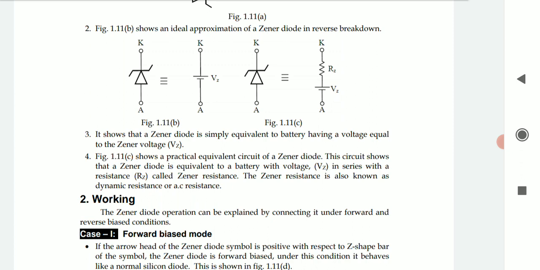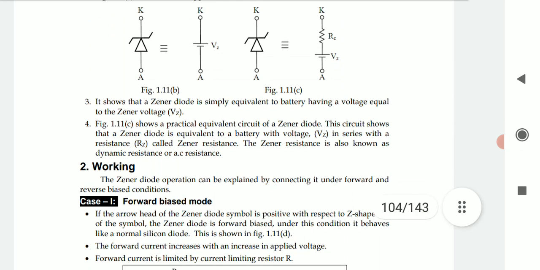Okay, next, this is of course used only in reverse bias, therefore it offers very high resistance in reverse bias. As we discussed in p-n junction diode, when the diode is connected in reverse bias, it offers very high resistance. So the series combination of voltage VZ and RZ is the equivalent circuit for Zener diode.